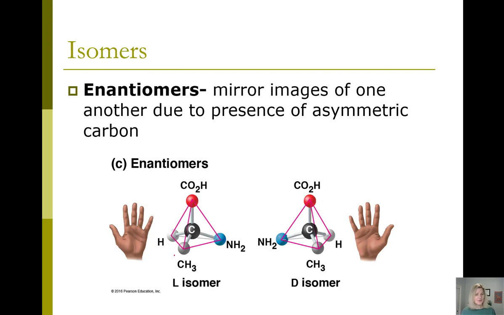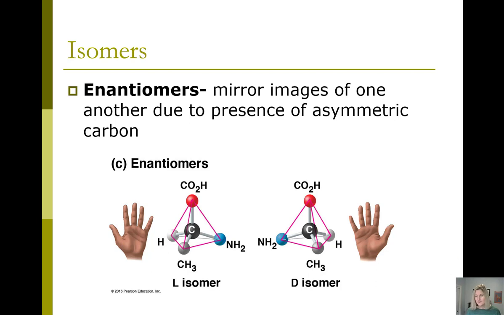They have a tetrahedral shape, but the arrangement is slightly different. So they're actually mirror images of each other. Okay, so enantiomers, think mirror images. So little slight differences. Okay. So think of it as like the left hand and the right hand version of a molecule.